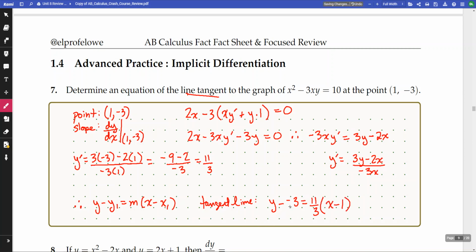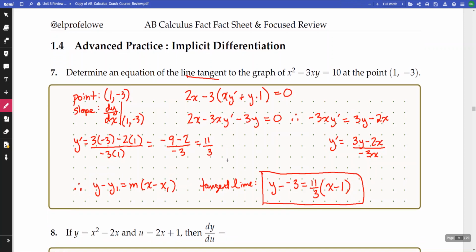Okay, and if your professor wants you to say y plus 3, that's fine. If you would prefer to have the minus 3 on the right side of the equation, you may. But here is an equation. It happens to be in point slope form, but we have an equation of the line tangent to our graph at that point (1, -3).